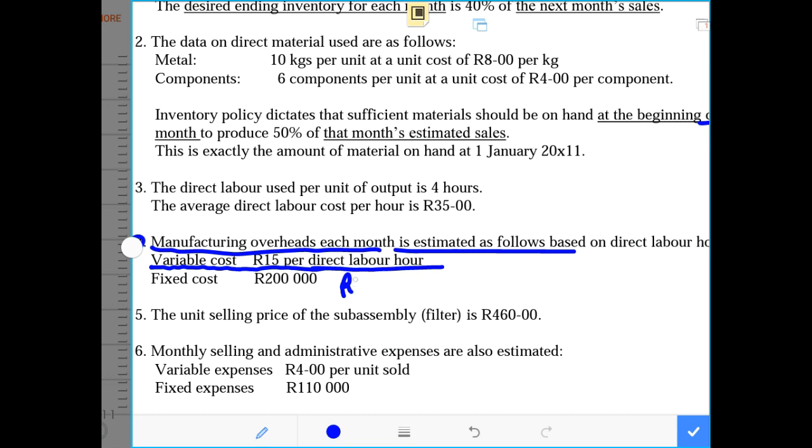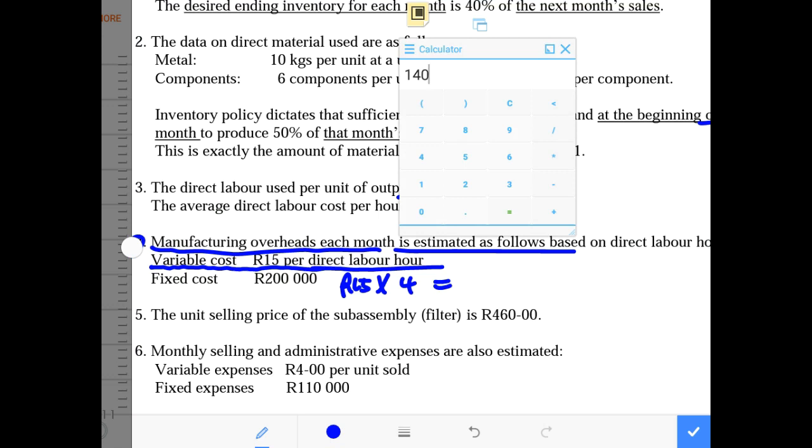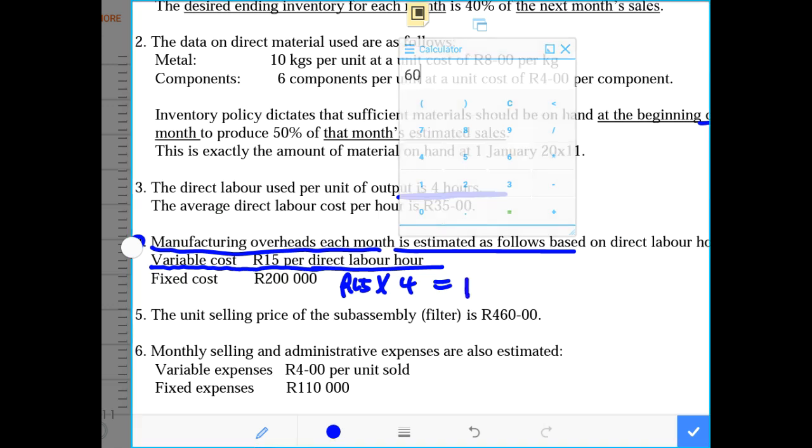If we say 15 rand times 4, what is 4? 4 is the number of labor hours it takes to complete 1 unit. So 15 times 4 will give us our overhead cost per unit. Therefore, this will give us 60 rand, and 60 rand will be the overhead cost per unit.